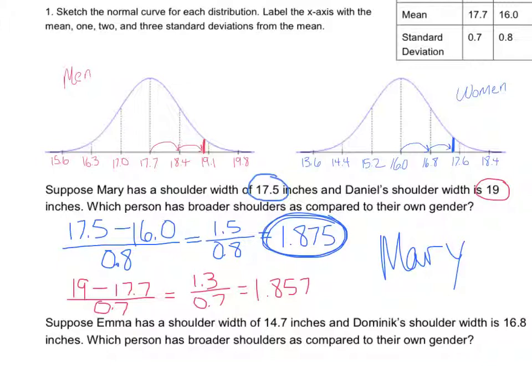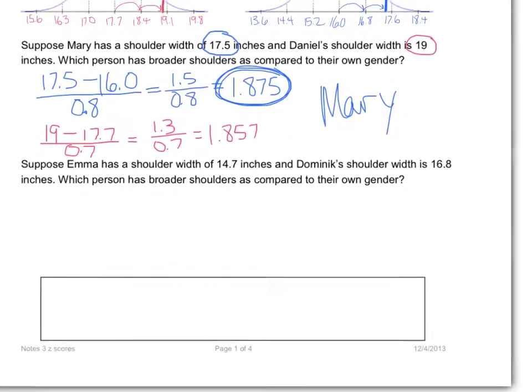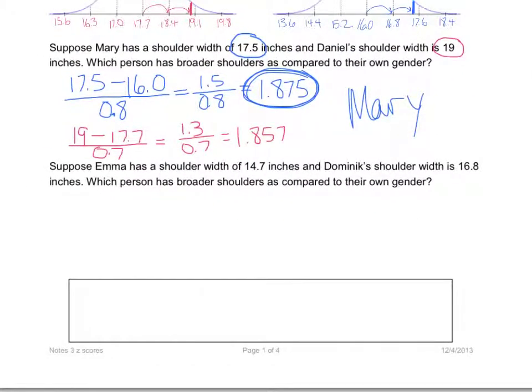Let's do this again. So suppose Emma has a shoulder width of 14.7 and Dominic has a shoulder width of 16.8. Which person has broader shoulders as compared to their own gender? So let's do the same thing with Emma. Emma was 14.7. Let's subtract the mean, which is 16.0, and then let's divide that by the standard deviation, which is 0.8.